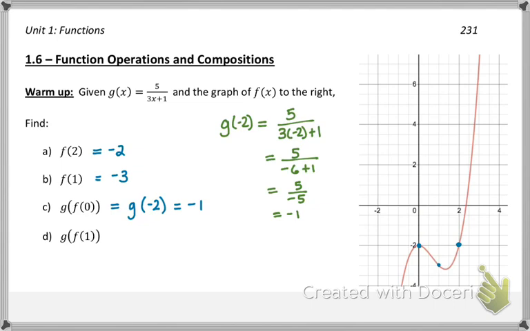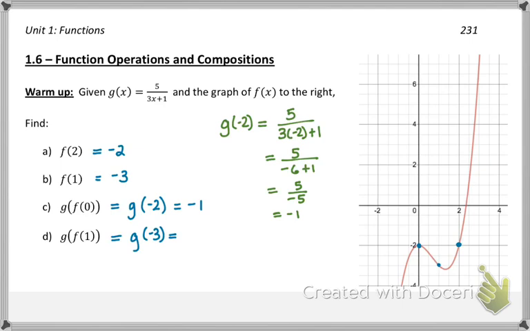And then the last one, g of f of 1. f of 1 we said was negative 3 earlier, so I'm really looking for g of negative 3. If I put negative 3 in for x as the input, what's my output for the g function?